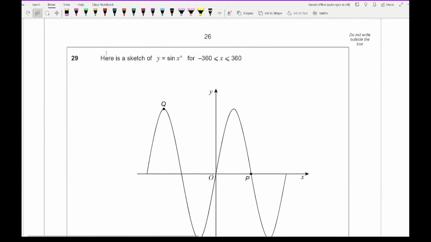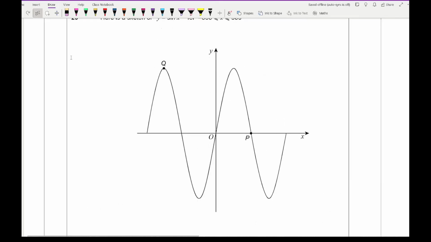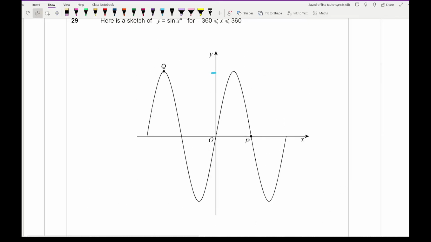Then moving on to question 29, it says here is a sketch of y equals sine x for the range of minus 360 to 360, and what we need to do is to state the values or coordinates of P and Q. So labeling this up, we know that the limits on the y-axis is minus 1 to 1, and we know that it's got intervals of 90 and 360.